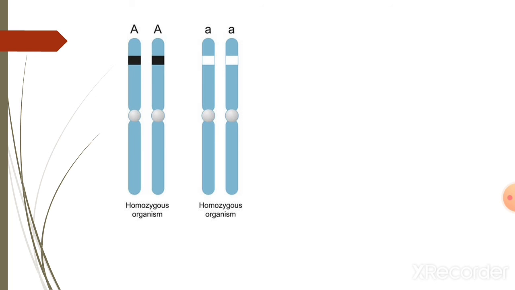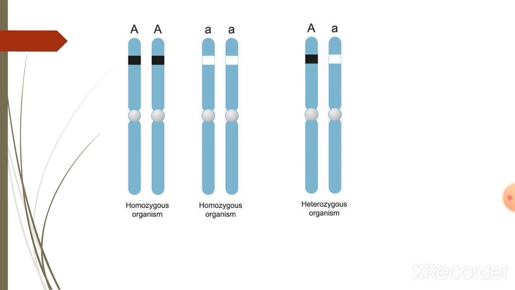So the first pair of chromosomes has capital A alleles, so this is the homozygous dominant condition. The second pair of chromosomes is also a homozygous condition, but homozygous recessive because both the alleles are written in small letters.